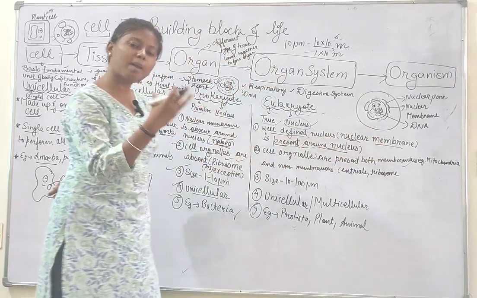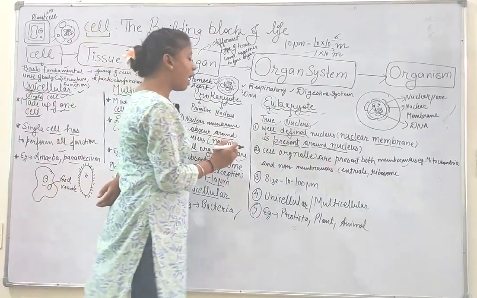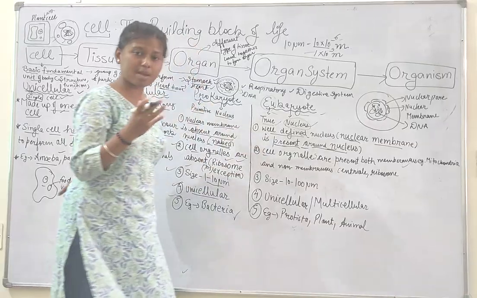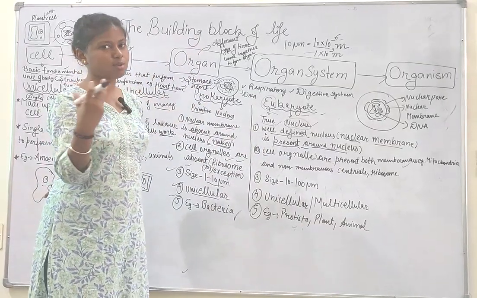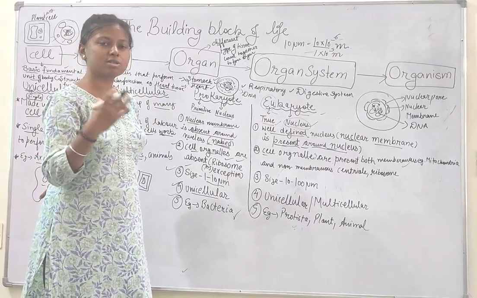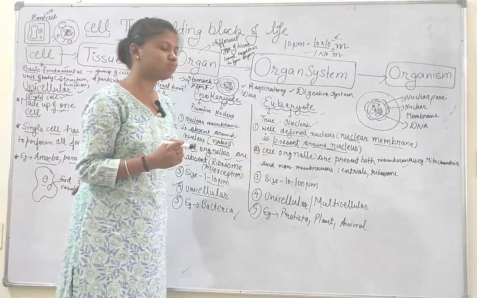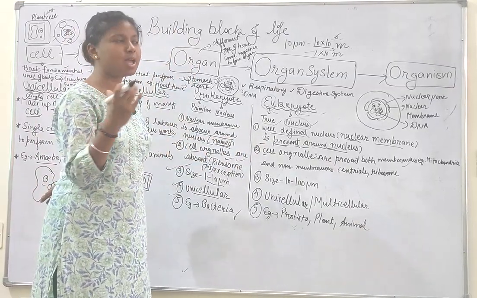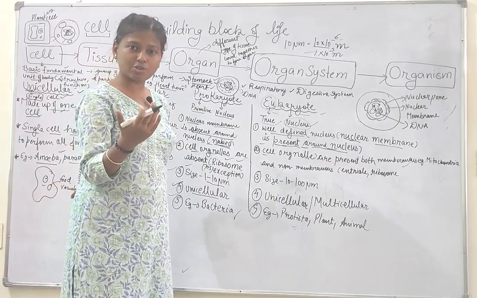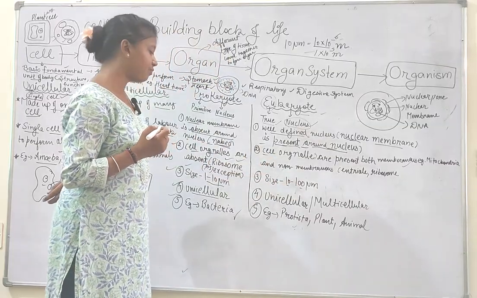Okay, the nuclear membrane is present in the eukaryotic cells. After that, cell organelles are present, both membranous such as mitochondria, Golgi apparatus, lysosome, or non-membranous such as centriole or ribosome. After that, their size is comparatively larger, such as 10 to 100 micrometer.